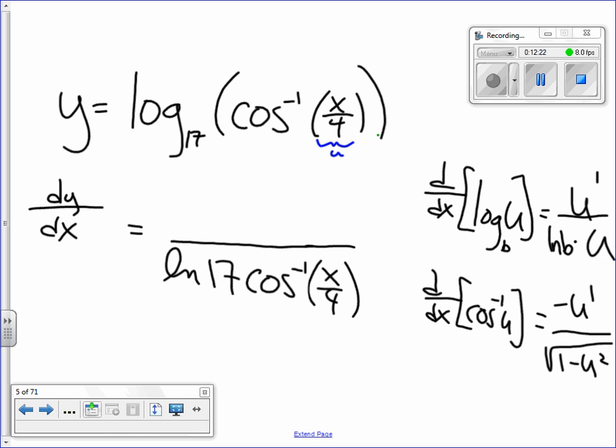Otherwise, x over 4 is the same as what? 1/4 x, right? So we got to take that derivative and put it up there. That's going to be a fraction, isn't it? What do you want to do first? Or you want to do the negative u prime? So what's negative u prime going to be now? Negative 1/4. Okay, so we got that.